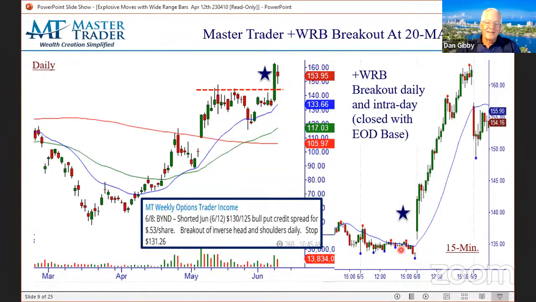So the fact that it gapped over this, all of these bars become support. Now it just blasted through these prior highs over here. A whole week of data, it blasted through it.